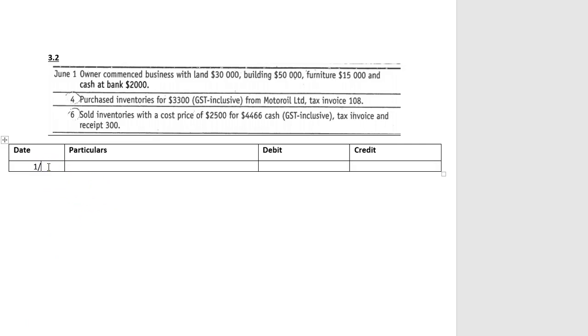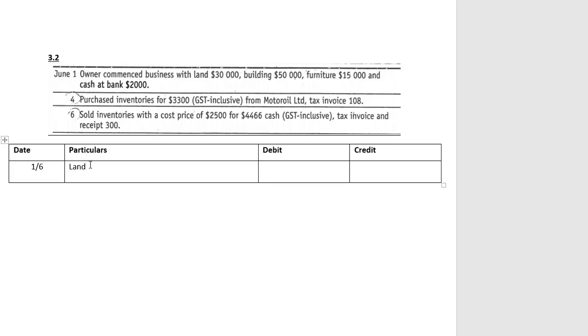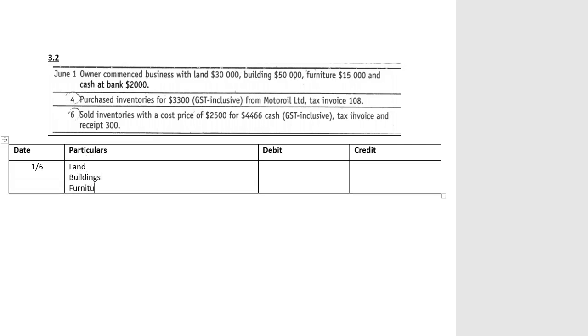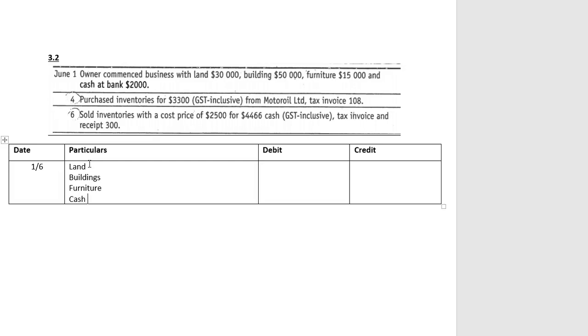So on the 1st of the 6th, they started the business with land, which is an asset, buildings, which are an asset, furniture, asset, and cash at bank, asset. The land was worth 30,000, the building's worth 50,000, the furniture is worth 15,000, and cash at bank we're looking at 2,000.